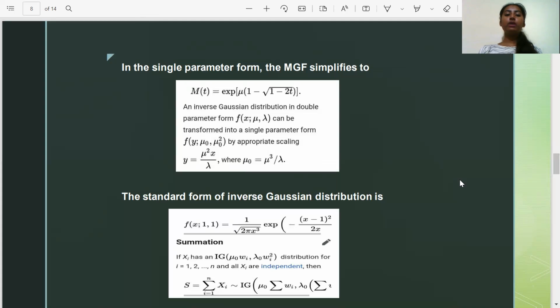Summation: if x i has an IG mu naught rho i, lambda naught rho i square distribution for i equals 1, 2, up to n, and all x i independent, then s is equal to the sum of x i, with the formula.